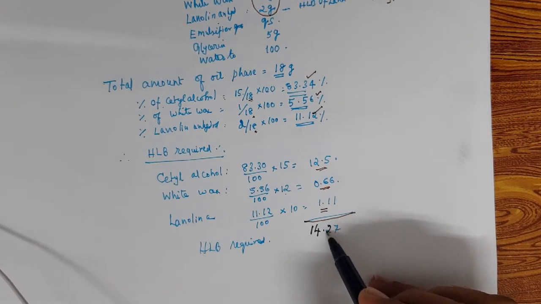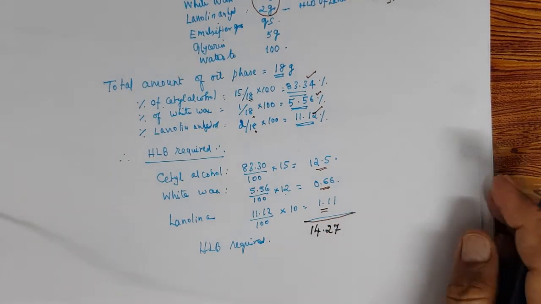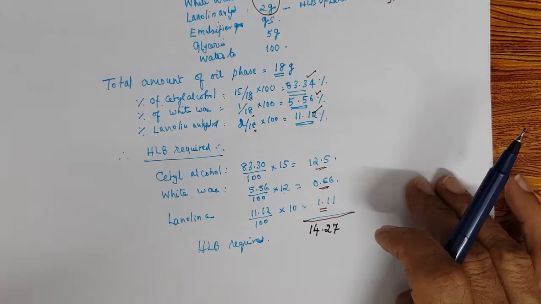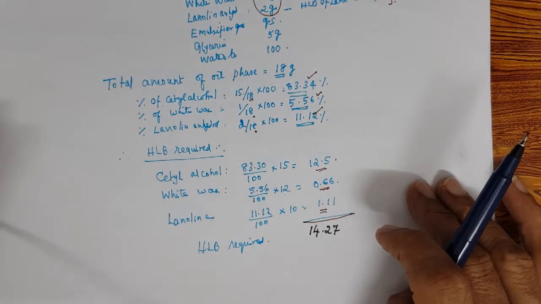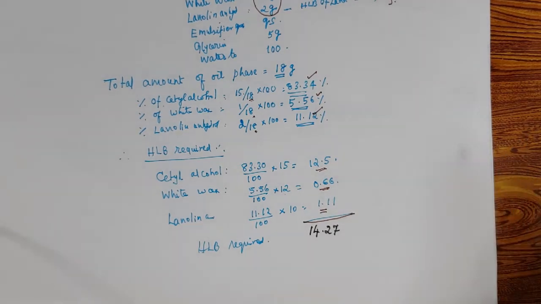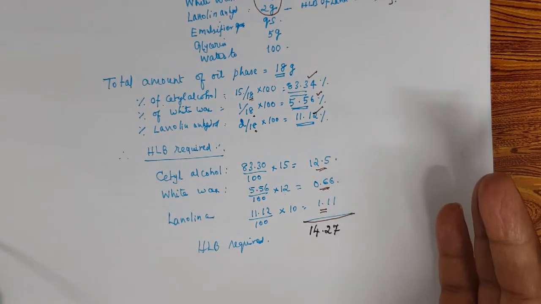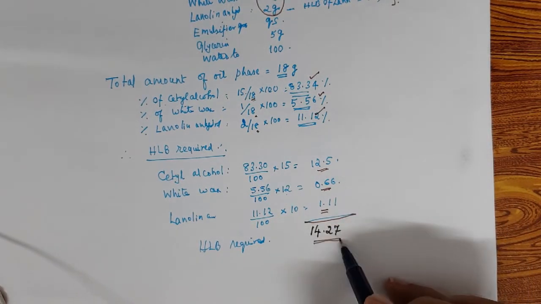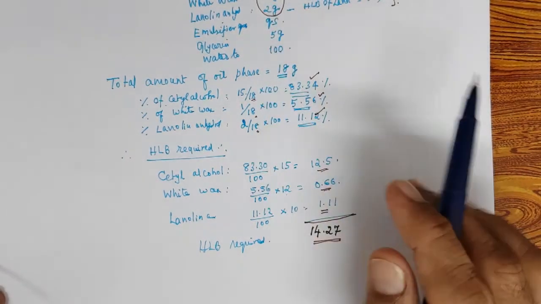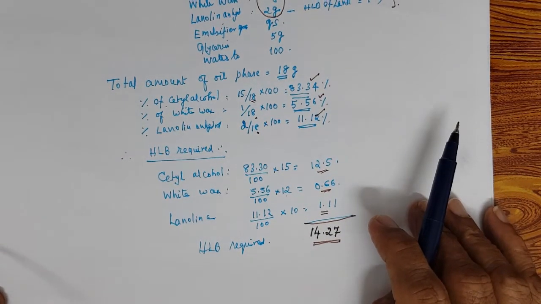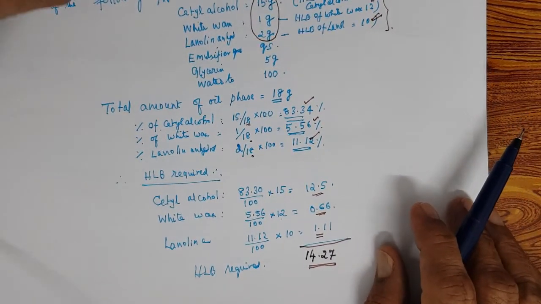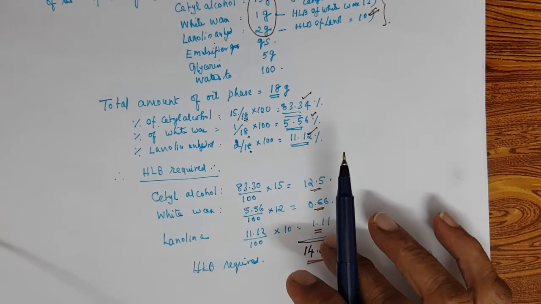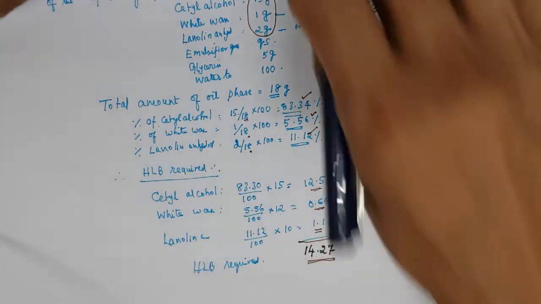So the HLB required for this product for emulsification is 14.27. You understood? That is how. So you have to design a blend of emulsifiers that gives this HLB for this product, right? That is how the HLB requirement is calculated, right?